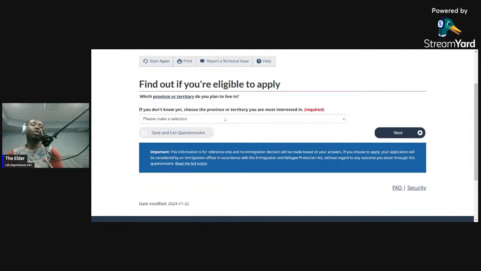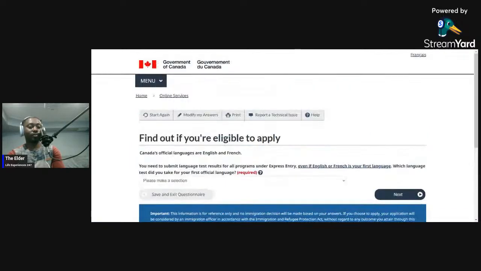As I said, they'll ask you this. So in case you do not have enough points for it, that province will still have access to your profile and be able to decide if they want to nominate you or not. So I choose, let's say Ontario. I want to live in Ontario. So I choose Ontario. Next.